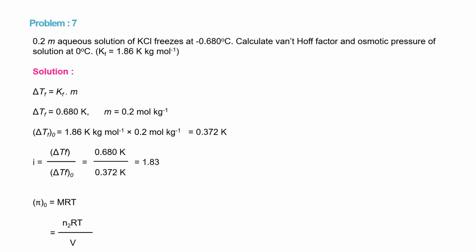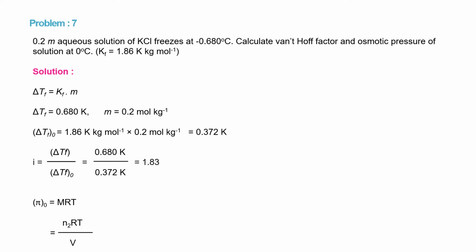So delta Tf is equal to Kf, given as 1.86 Kelvin kg per mole, into 0.2 mole per kg, which is equal to 0.372 Kelvin.